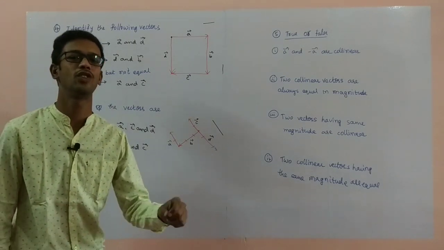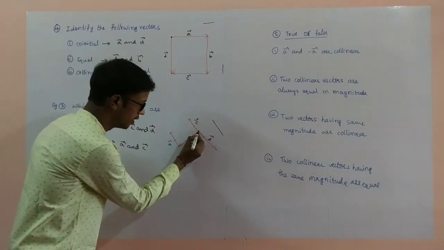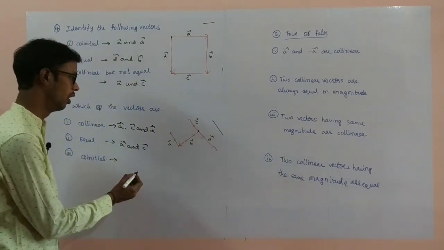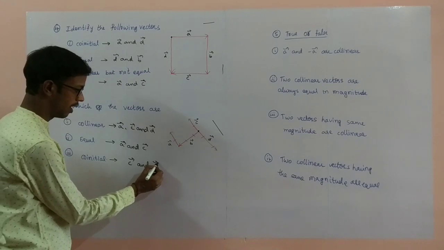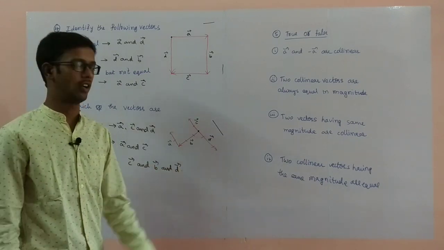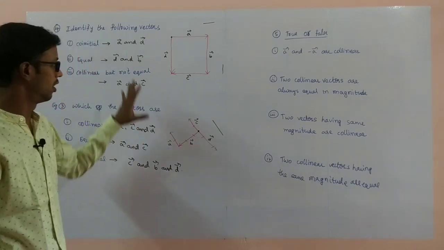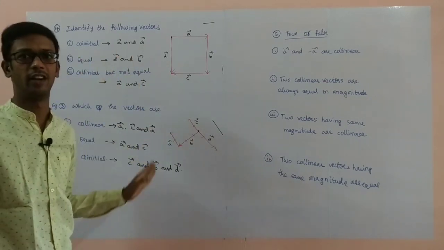Co-initial means initial point should be same. D bar initial point, C bar initial point and B bar initial point are the same. So C bar, B bar and D bar are co-initial vectors. So this is the way of finding equal vectors and different types by the diagrams.